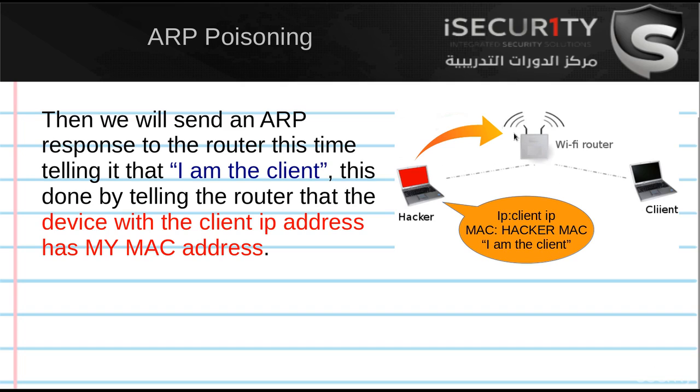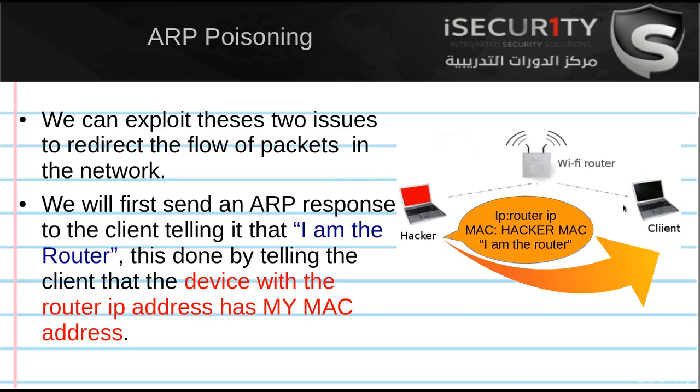So in the ARP table that the router has, the MAC address of the client is going to change to mine. And when I do it to the client, I tell the client the MAC address of the router is my MAC address. So the MAC address for the router in the client's ARP table is going to change.